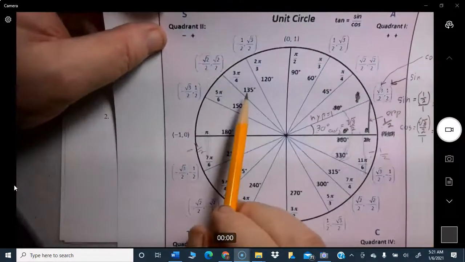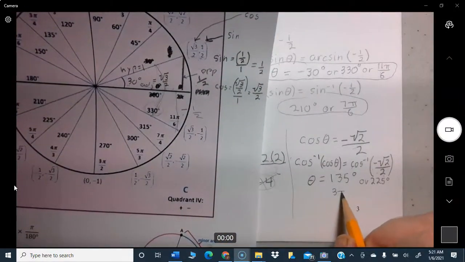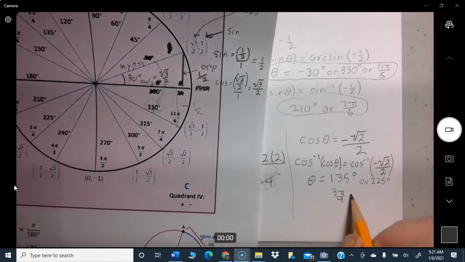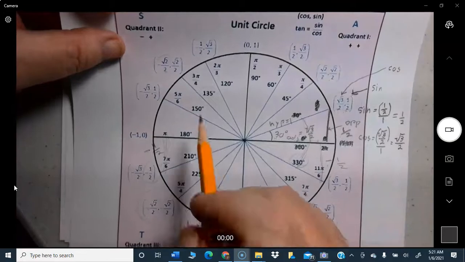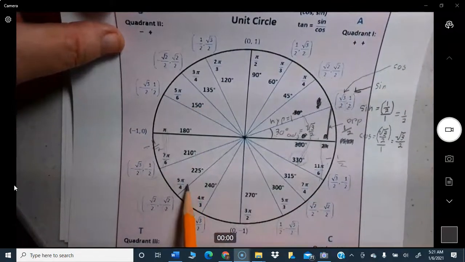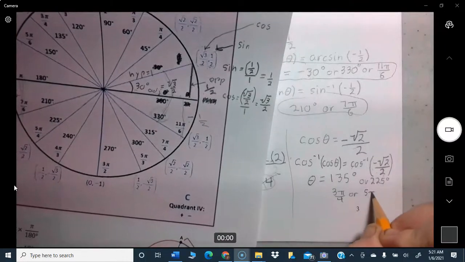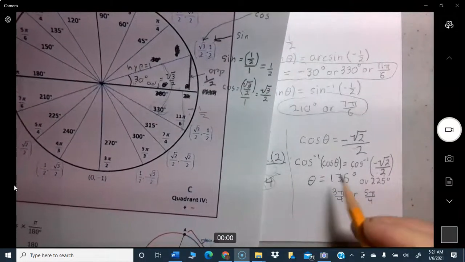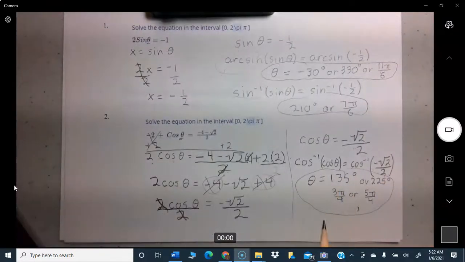And of course, we could have written that in terms of radians, 3 pi over 4. And you never know how a test is going to ask you. So you should be familiar with both. And 3 pi over 4, and this one would have been 5 pi over 4. Okay, and that's the answer. That's what you're looking for. Those angles to do that.